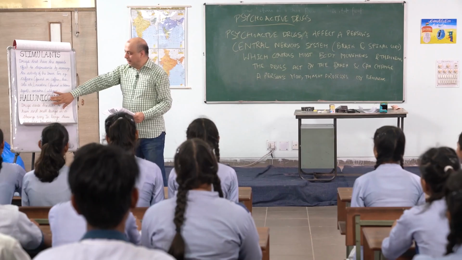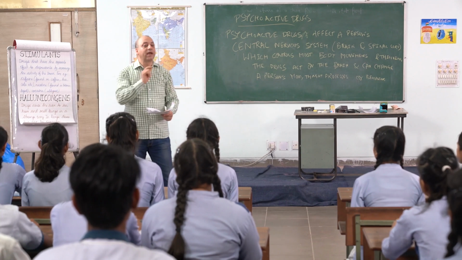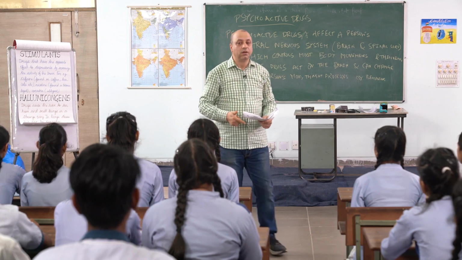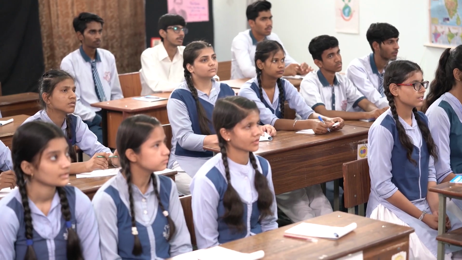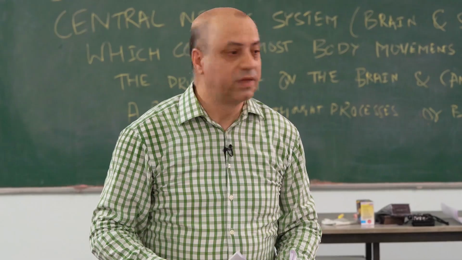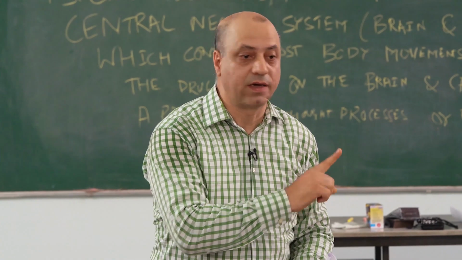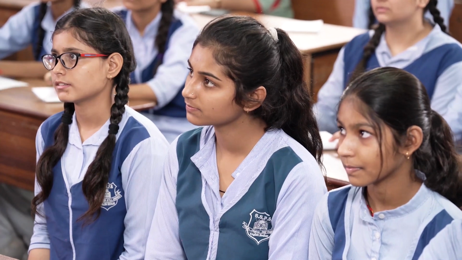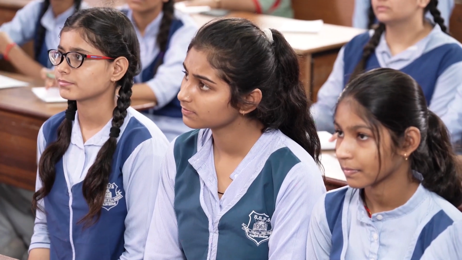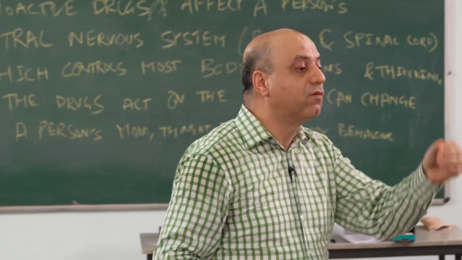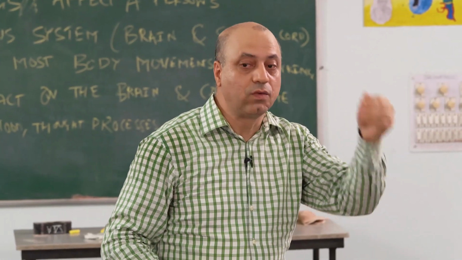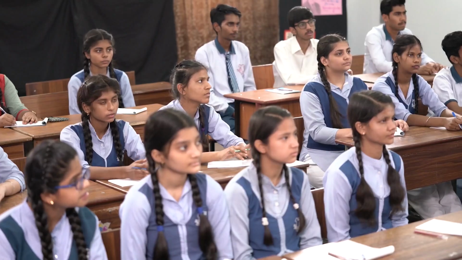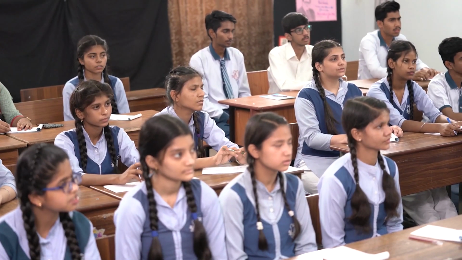And the last one, what am I discussing? As a depressant, as a stimulant. What are these? No, these are not different kinds or types of drugs. These are three categories of psychoactive drugs.